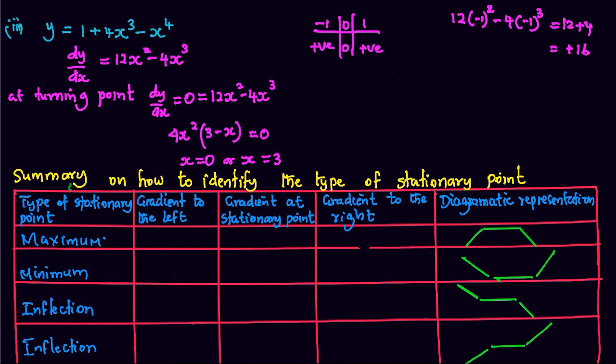So that gives us 12 plus 4, which is equal to +16. So the nature of our turning points will take the pattern +, 0, +, and this is a point of inflection.